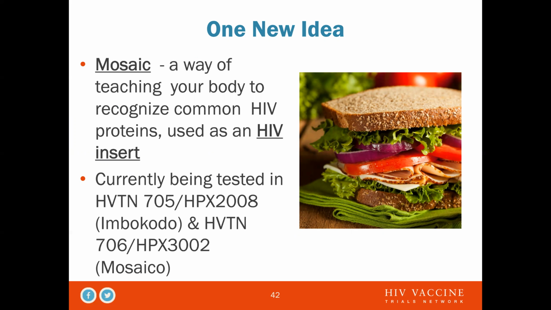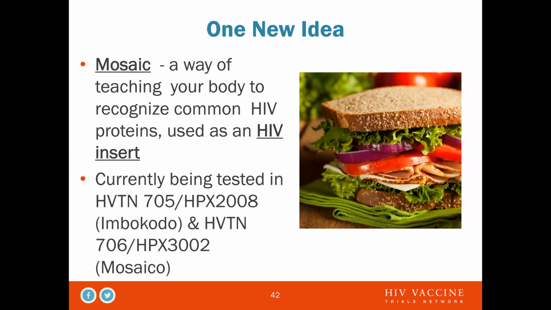And why is that important? Well, the slide that I just showed you showed the genetic diversity of HIV at 10 to 30%. So again, thinking about a vaccine that would work across this diversity and work across people in multiple places around the world is critically important.